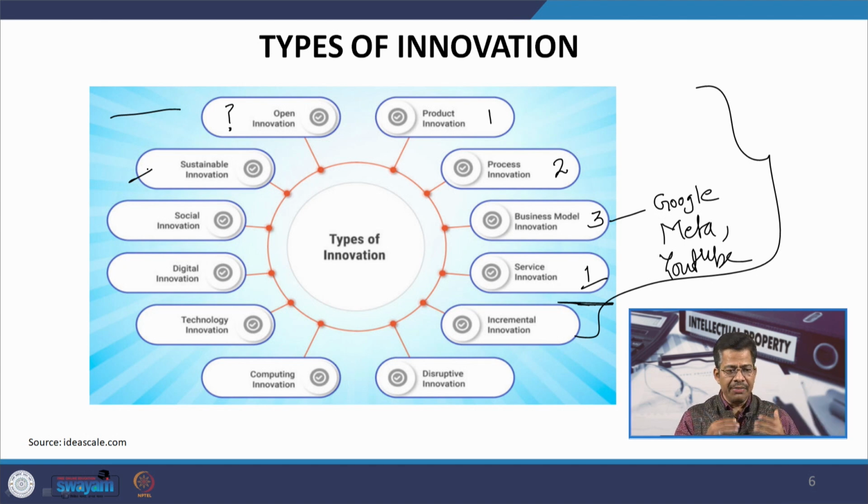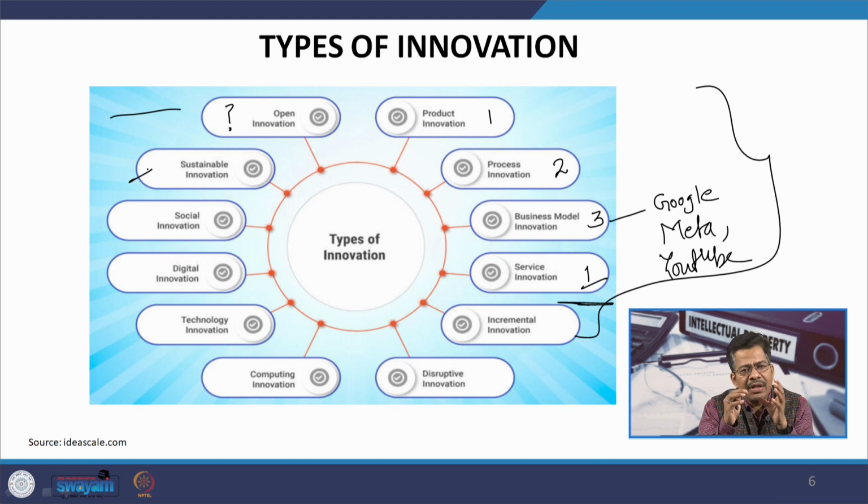So, people give that also as a meaning of sustainable innovation. Then social innovation, which is part of sustainable innovation, because those are innovations which are in the interest of society. So, generally only those innovations become impactful which are in the interest of the society. That is one understanding of social innovation.